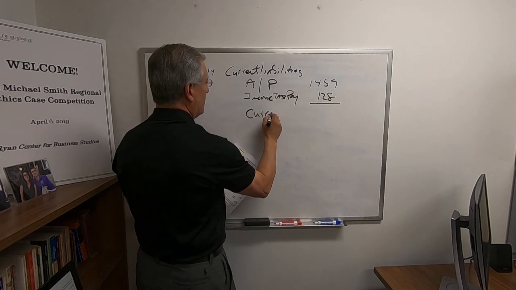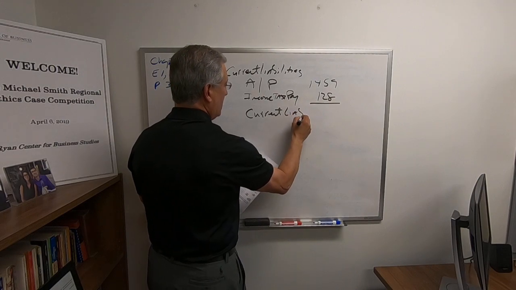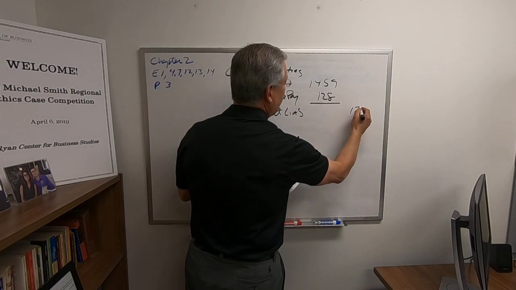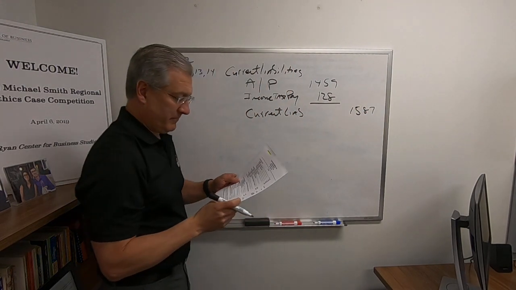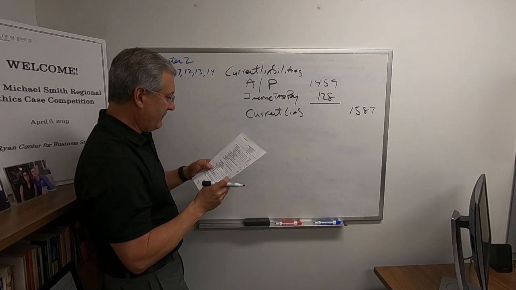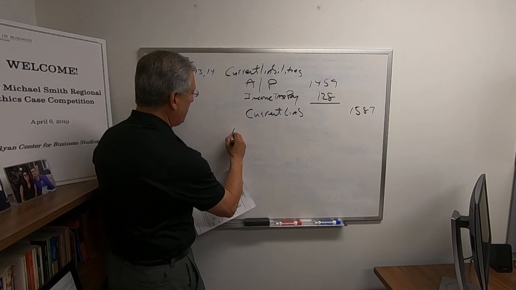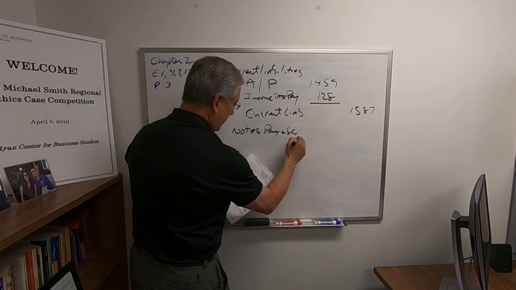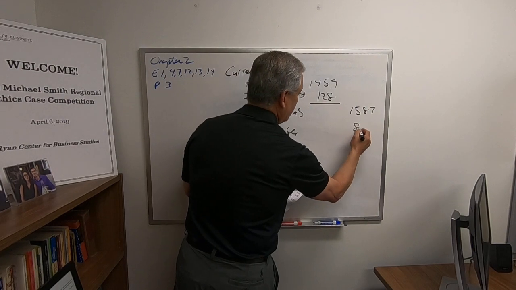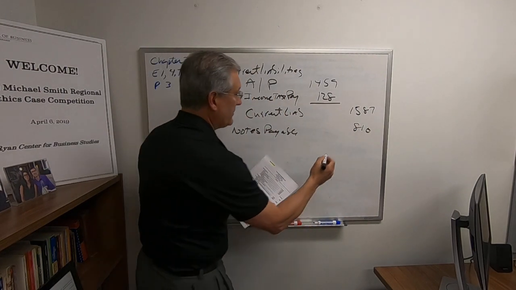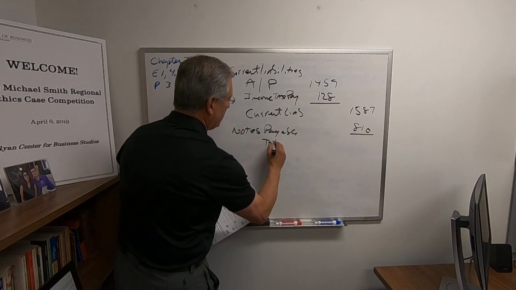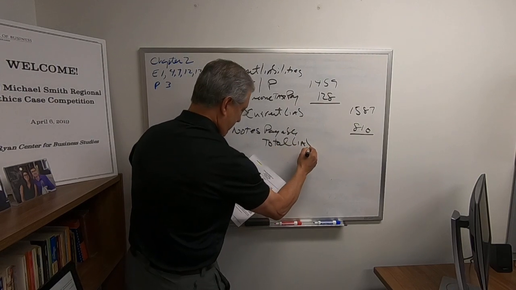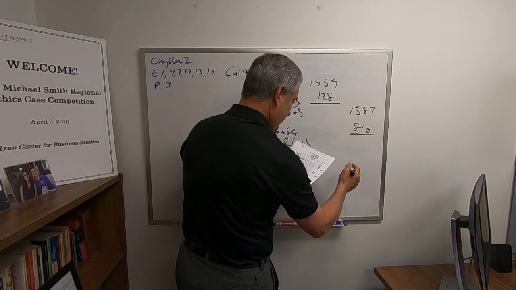Current liabilities of 1587. We have notes payable, which is our long-term liability, at 810, which gives us total liabilities of 2397.